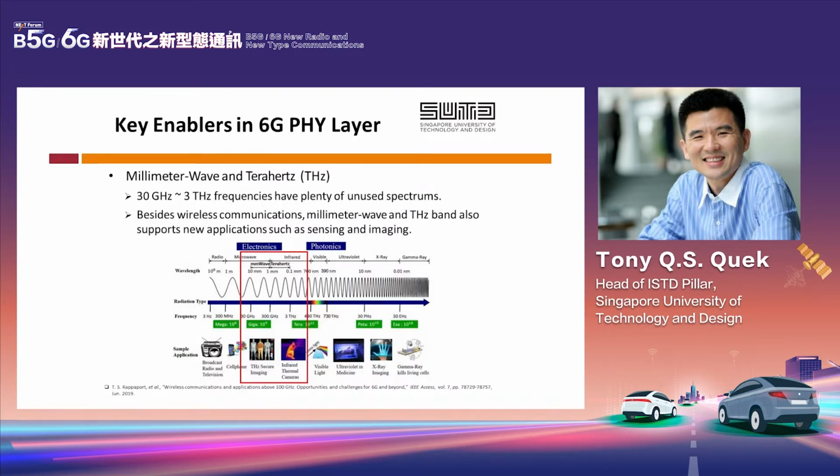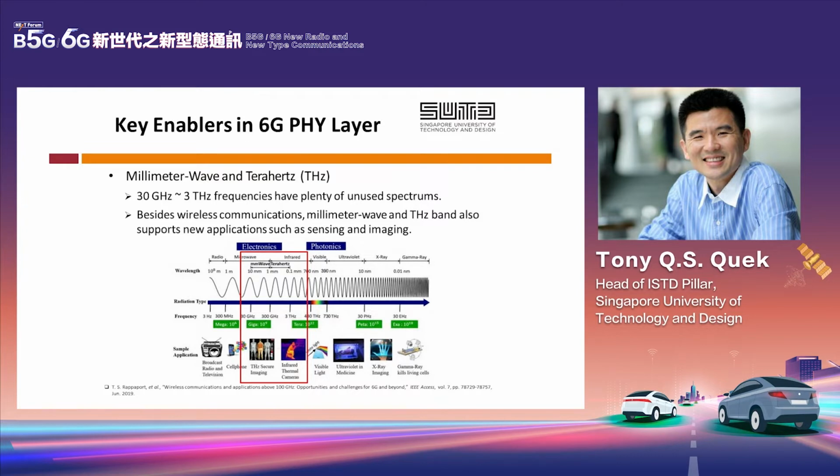So let's focus particularly on the key enablers in the 6G physical layer. As I mentioned, from millimeter wave, you're moving up to terahertz, where you can go all the way to 3 terahertz. So there's a large amount of unused spectrum. Of course, standardization or WRC will decide which spectrum will be standardized across all the different parts of the world, which will be the terahertz bandwidth people use.